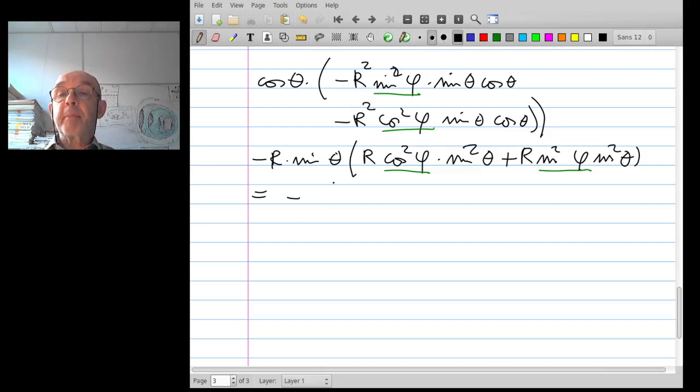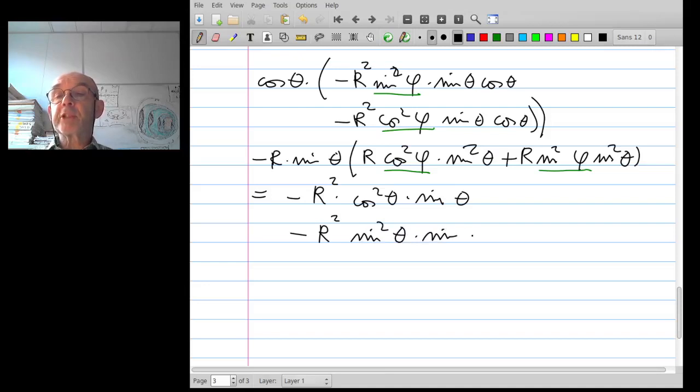I get minus r squared times cosine squared theta times the sine of theta, and I have minus, I hope that you see that you have also r squared, and that we have sine squared times the sine of theta.